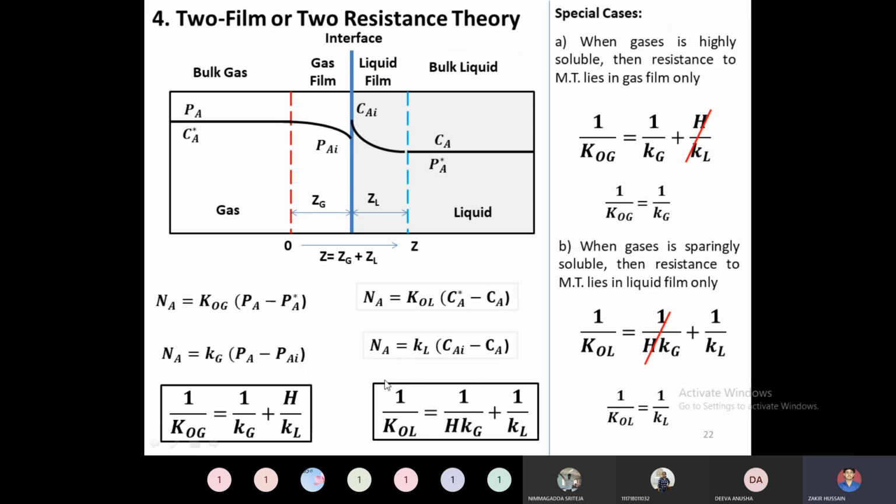In the morning, we have derived this equation. Then for this equation, we have to go further.